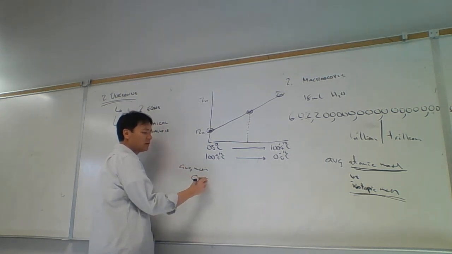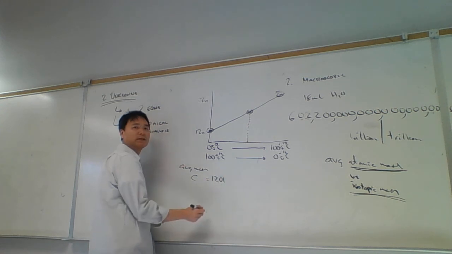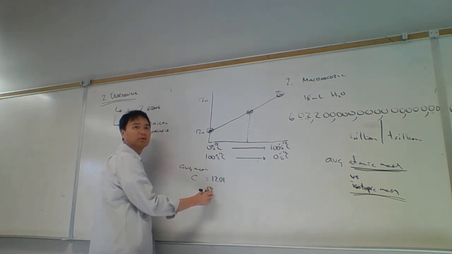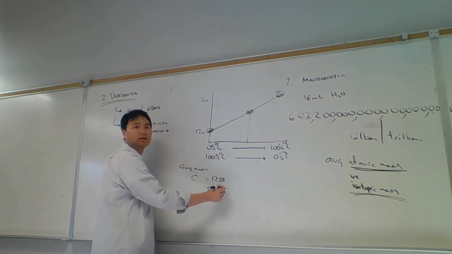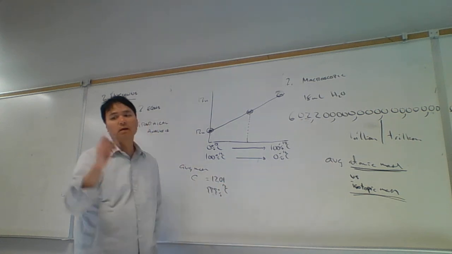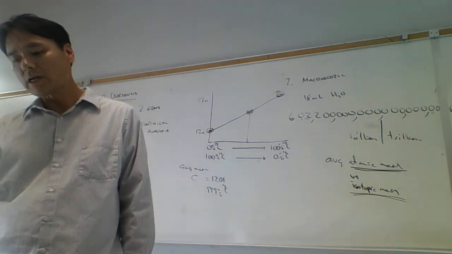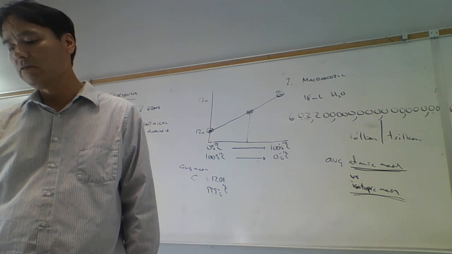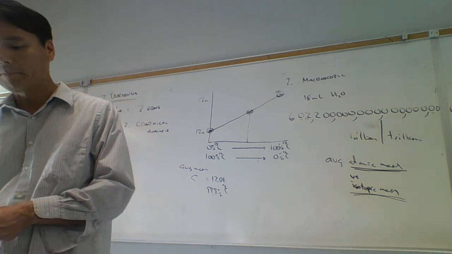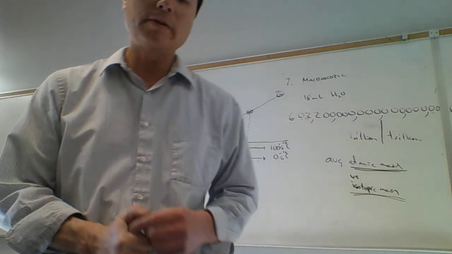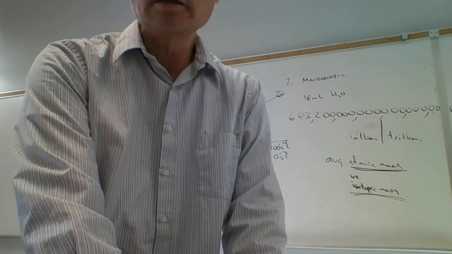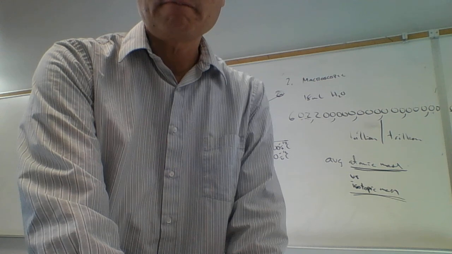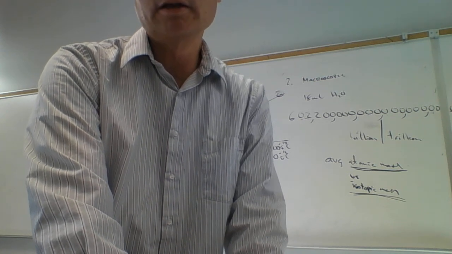The average mass of carbon is 12.01, which means it's 99.9% carbon 12. And so we could get more precise numbers if we actually do the math for this, but this gives us a quick way to visually see what the number should be. And so we'll do some more mental calculations and some more quantitative calculations next time.